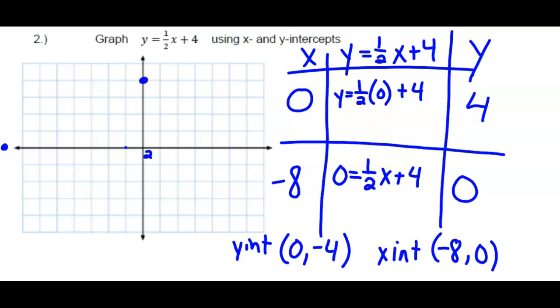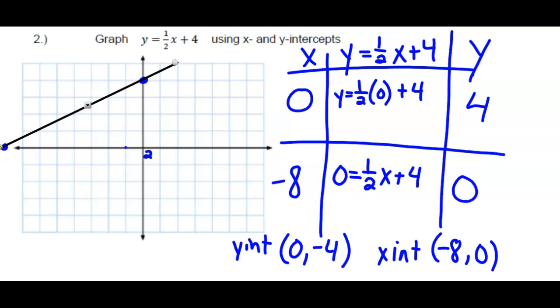And now I can draw my line. I would want to go past this dot and make it nice and straight. And there you go. You graphed a line using your x-intercepts and your y-intercepts.